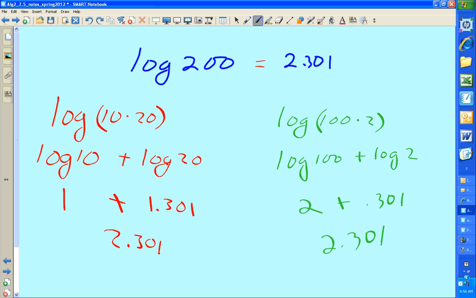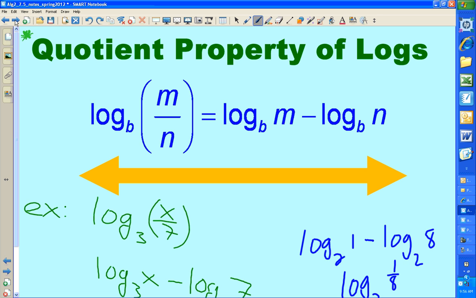So we have the product property, we have the power property. What's the third property? Quotient property. This is the one you want to put a little star by, the quotient property. It's the one that is most commonly done erroneously because it looks like our last property today.